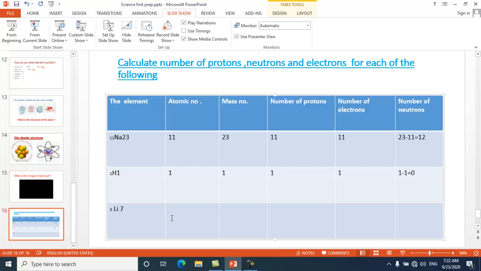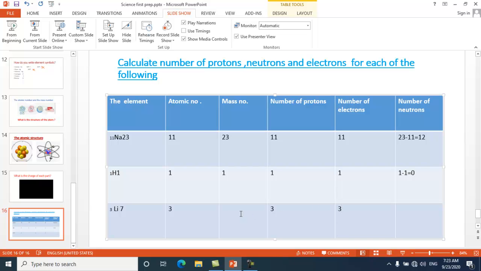Okay? The last example, lithium. What about this number? Excellent. Atomic number. So the atomic number here equals 3. And the number of protons is the atomic number, equal 3. The number of electrons is equal to the number of protons, equal 3.